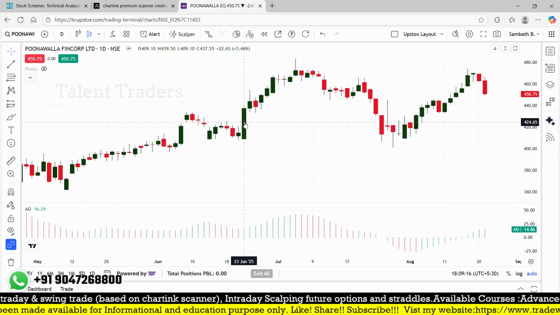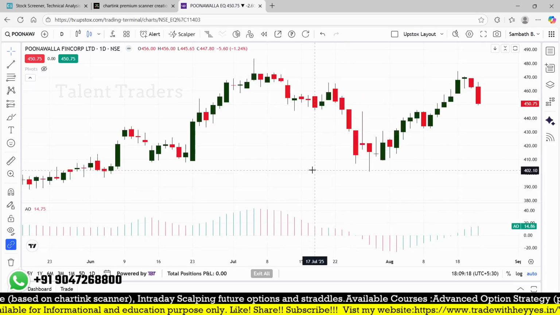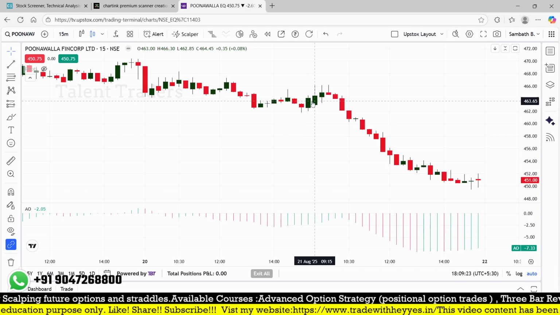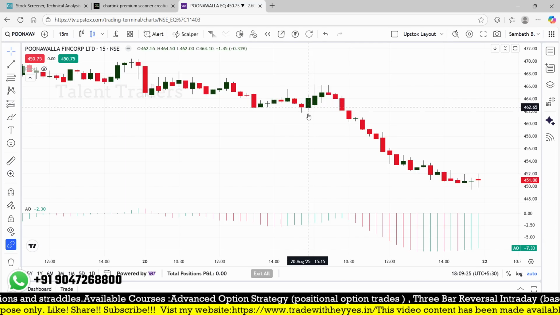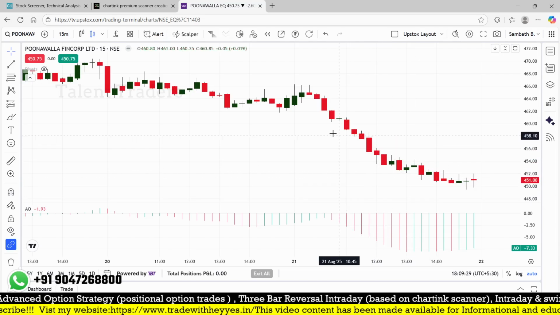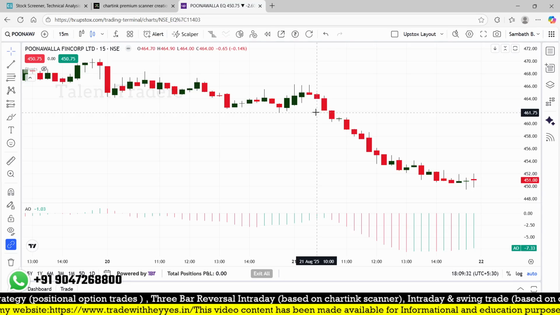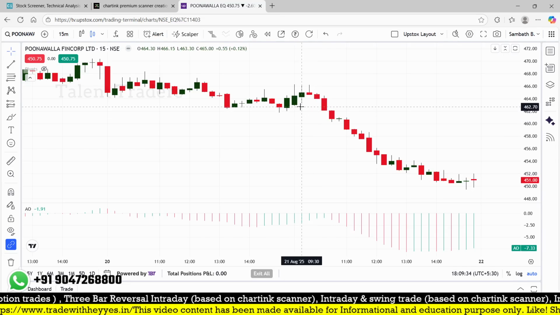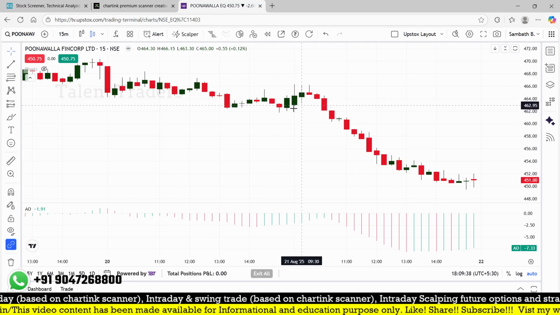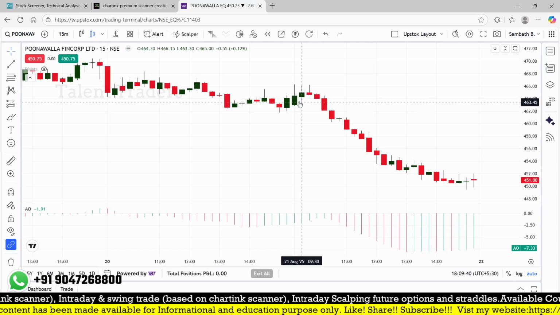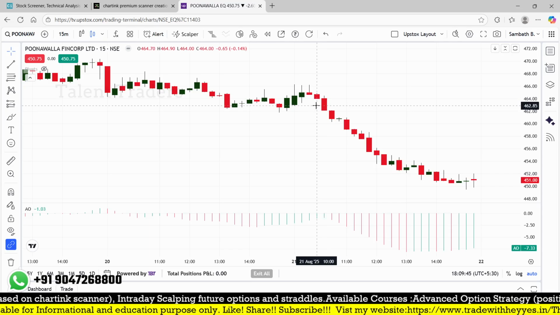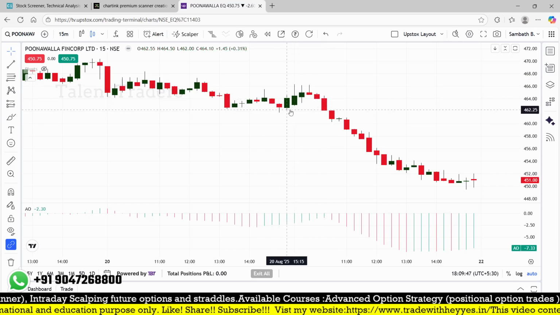Yeah, you can look at this, 15 minutes. Maybe here the first candle it may be an open low, but that is in 15 minutes. Initially it moves, and after 10:15 the stock would be removed from the list. So that you can understand.